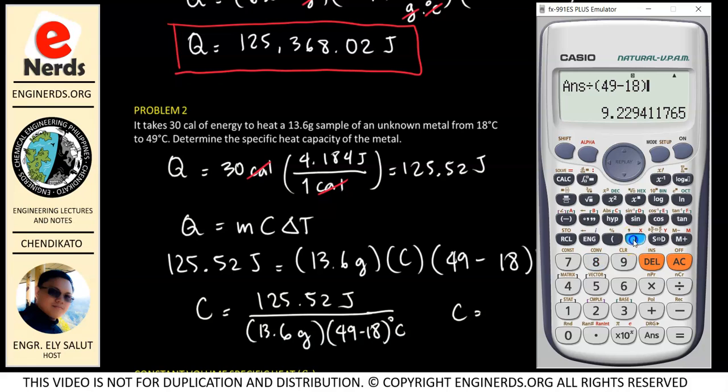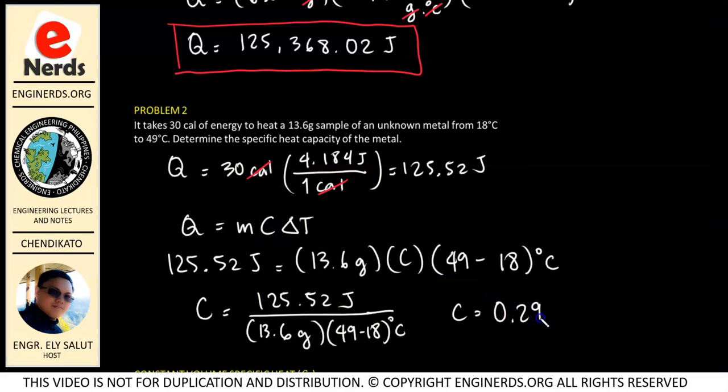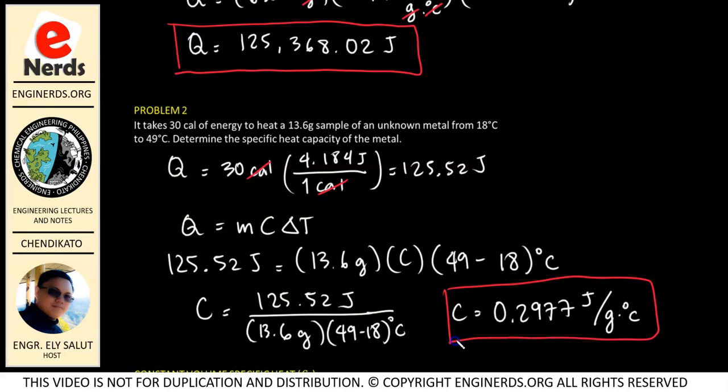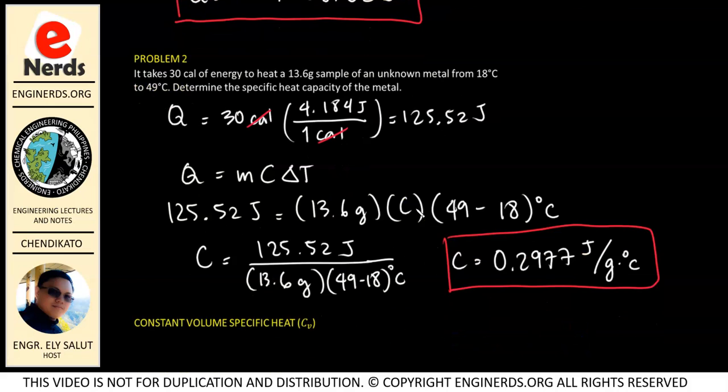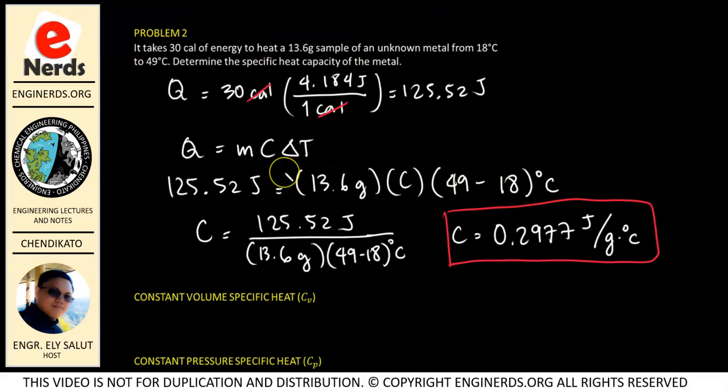Okay, so we have 0.2977 joules per gram degree Celsius. So this is our answer to problem number 2. Okay? Alright, so now we know how to solve problems involving specific heat.